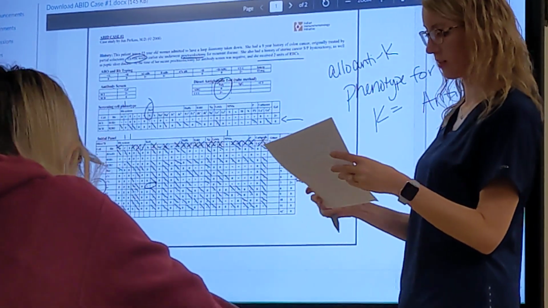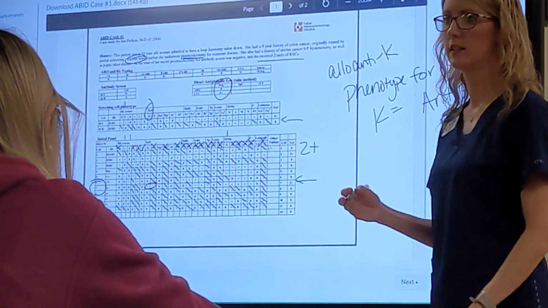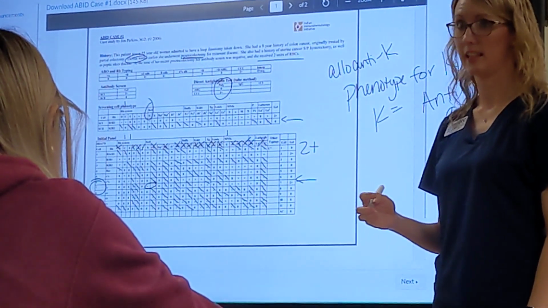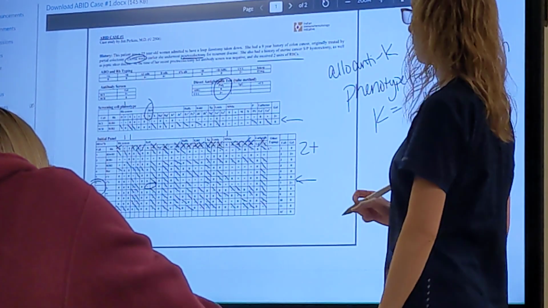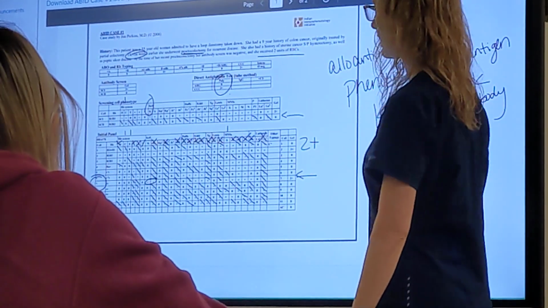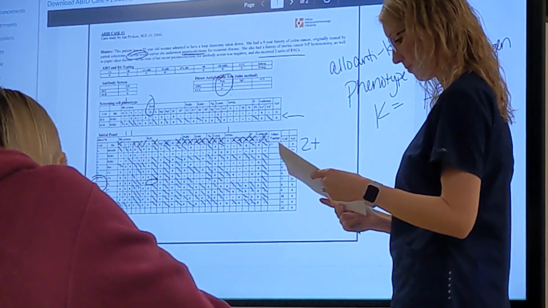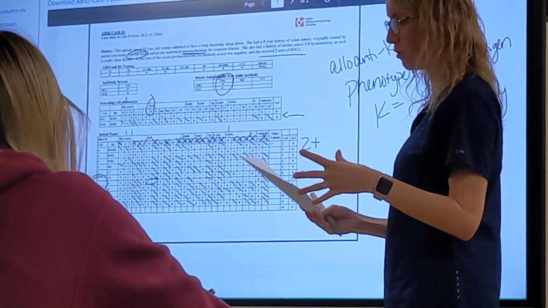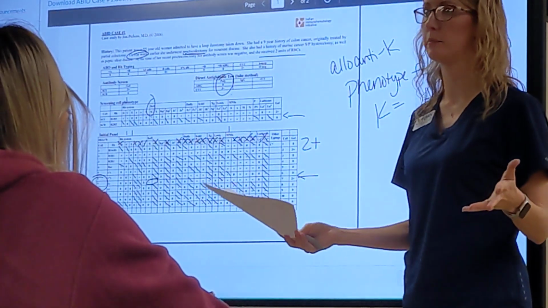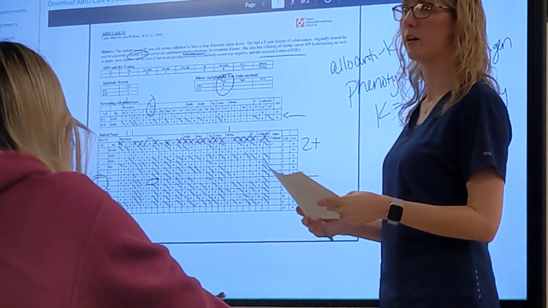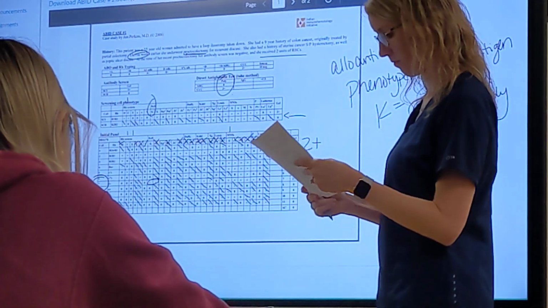Does this antibody cause hemolytic transfusion reactions? Yes or no? Yeah, it's one of the main ones that causes HDFN if it's caused by an IgG antibody. Most HDFN is due to ABO incompatibility, and it's mild, but Kell can cause it.